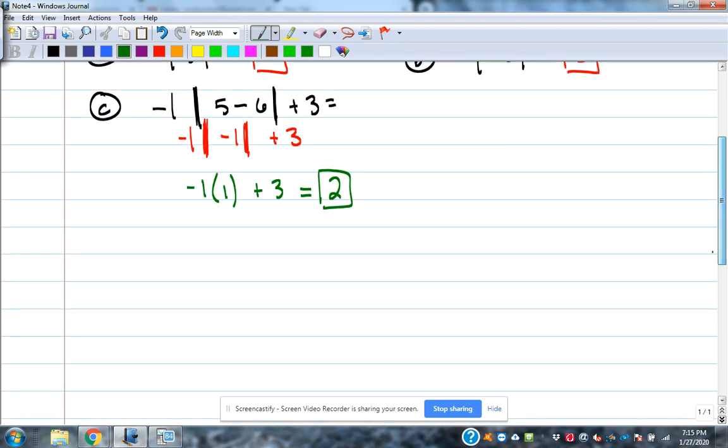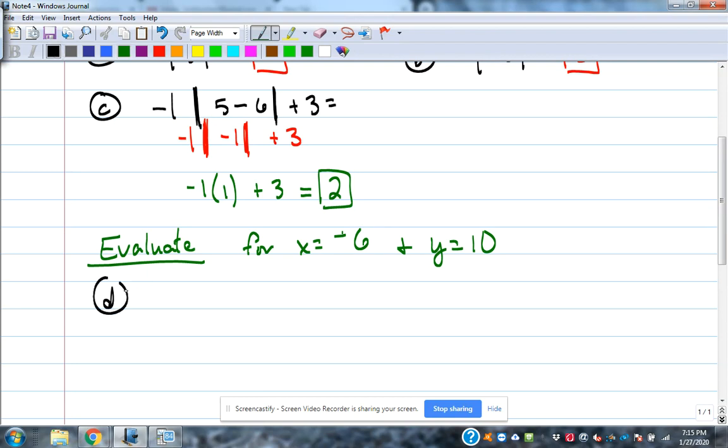Let's look at an evaluation problem like we were talking about. It asks you to evaluate for x equals -6 and y equals 10. So it gives you some variable values. Example D. Let's do absolute value of 2x minus 3y.